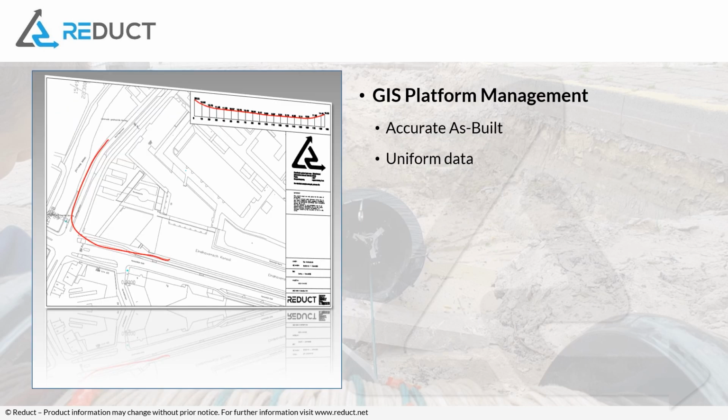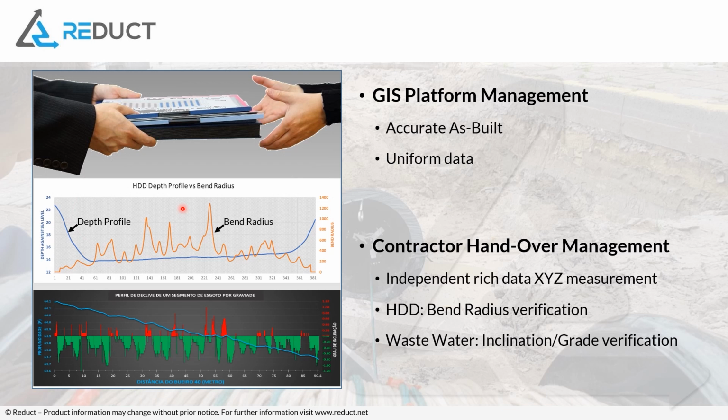So what do we use it for? Well, first of all, GIS platform management. It creates an accurate as-built and uniform data. But more importantly, it is a perfect technology to verify the contractor's work and be a key component in contractor handover management. If you have a piece of network built by a contractor, it's not very healthy to receive an as-built from the contractor himself because he built it.